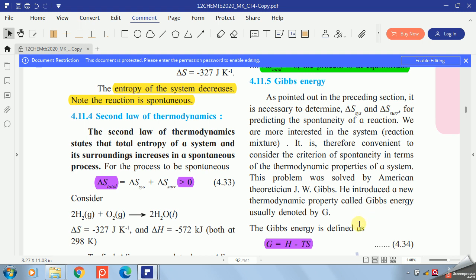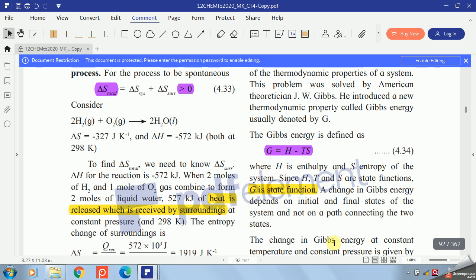And what is the definition? What is the mathematical form of Gibbs energy? What is the equation? G is equal to H minus TS, where H is the enthalpy, T is the absolute temperature in Kelvin, and S is the entropy of that system.